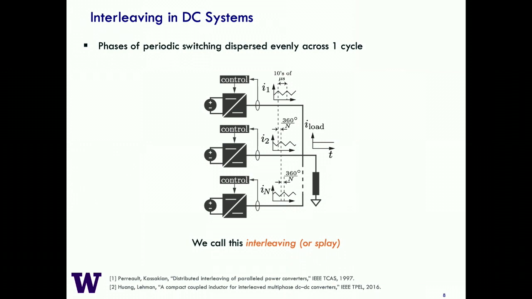So there's a clever trick that was invented a while back. It actually goes back to, I think, the early 90s, which is called switch interleaving. So you can imagine here that if each one of these power converters is switching and has a switching frequency, if you were to evenly space out the phases of the switch timing of each of those, that means that each one of these little ripple waveforms is slightly offset from one another.